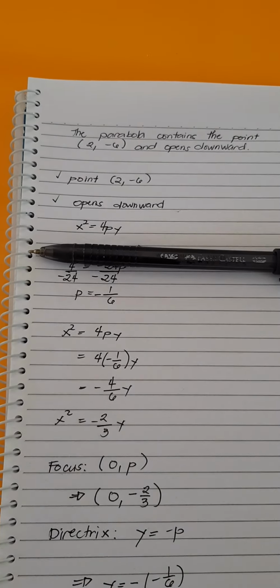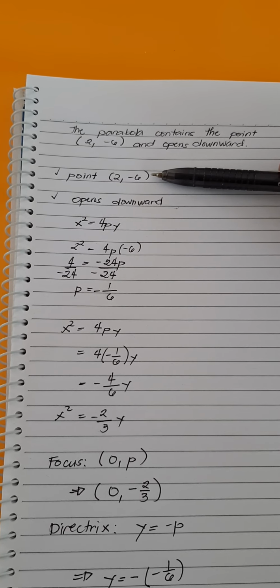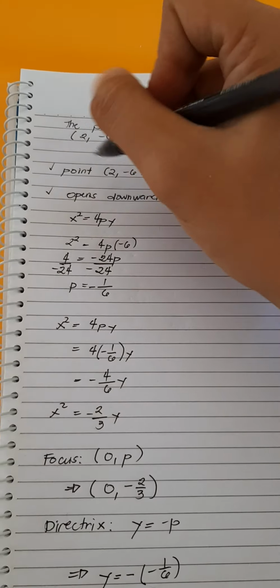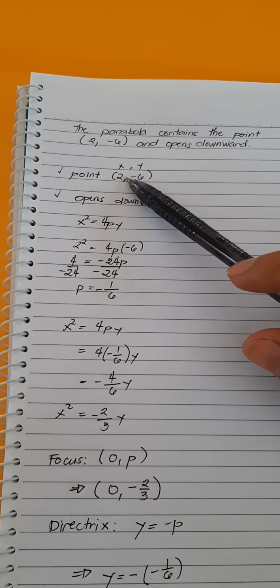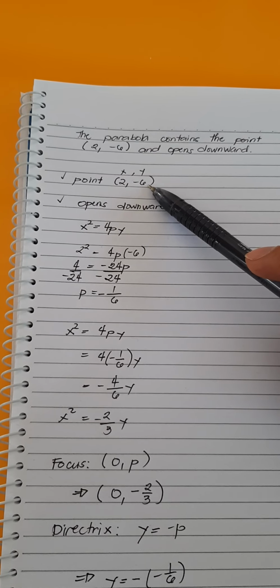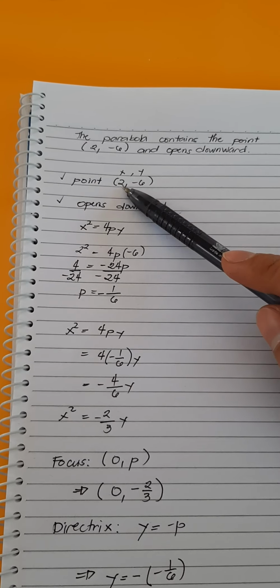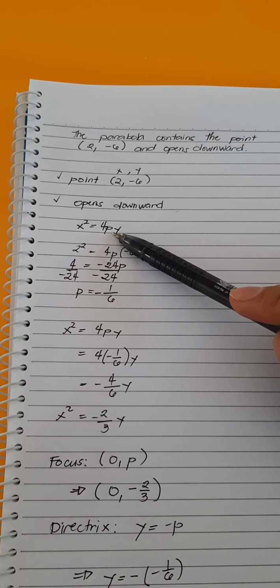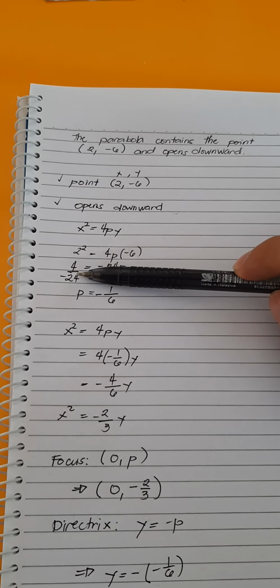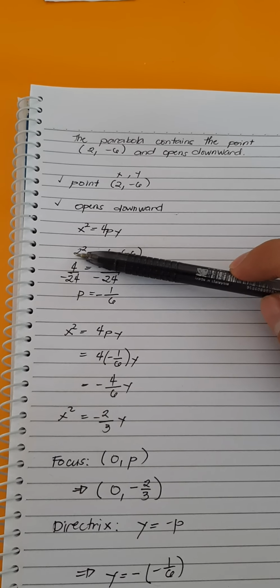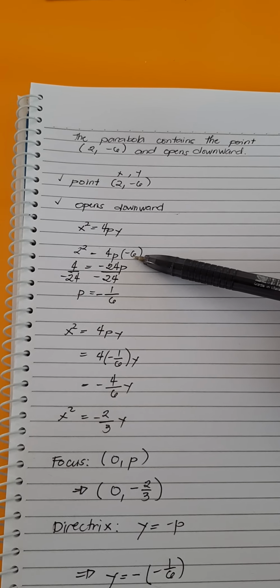So in here, since we have the point, we will just use this point in order for us to identify the value of p. So this is x and this is y. So you will just substitute the x and y into our equation. So we have here 2 raised to 2 since x is 2, and 4p times the value of y, which is negative 6. 2 raised to 2 is 4, and it equals 4p times negative 6.